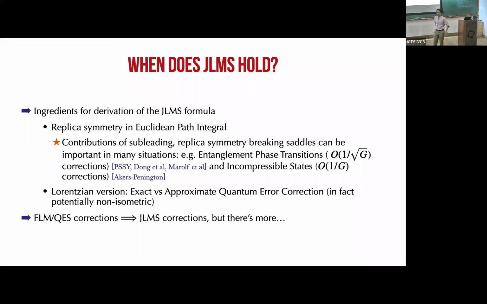Let's say you have some modes in the interior, you're entangling them with this bath region, then there's an island. But within that subspace of states, there are states which are product states which don't have an island. All I'm trying to say is if you look at that subspace of states, there are too many states, and many of them don't have an island. So they must be mapped to the boundary Hilbert space.